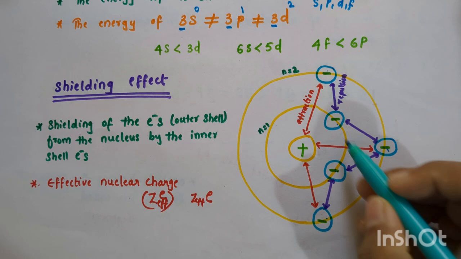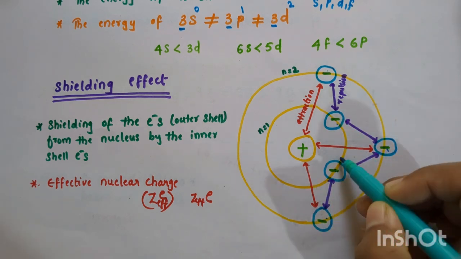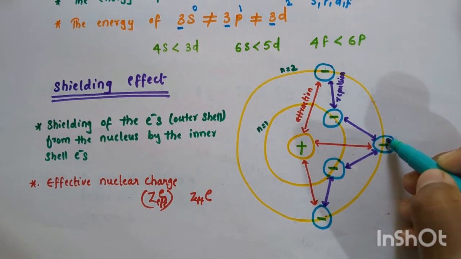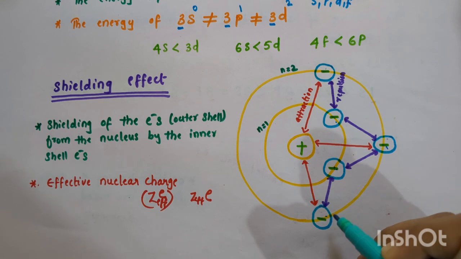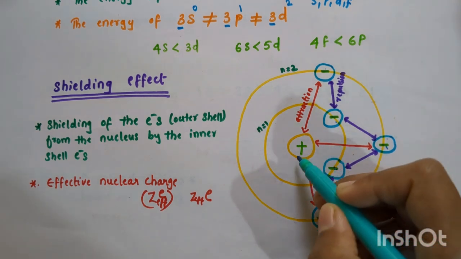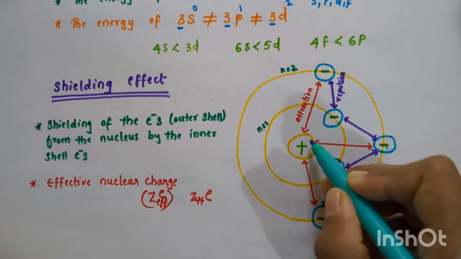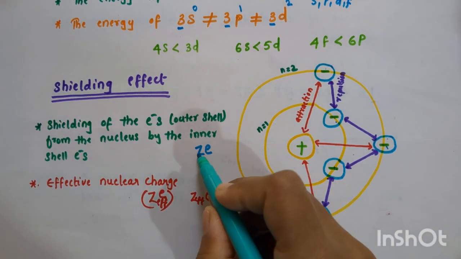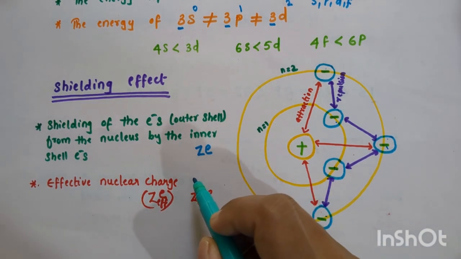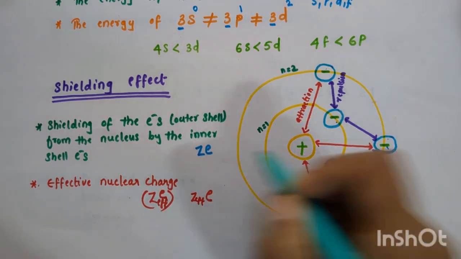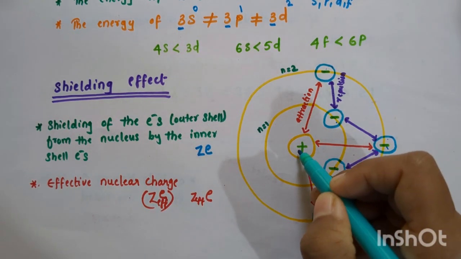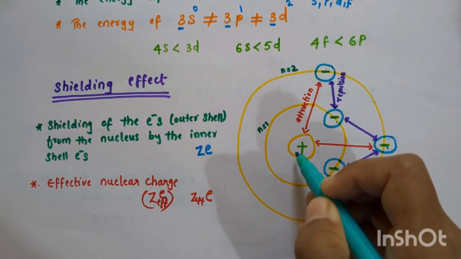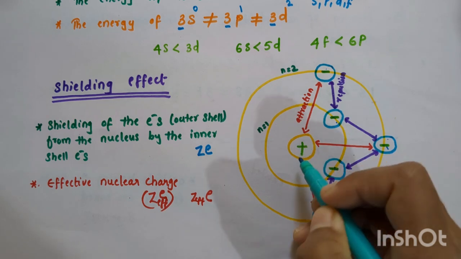Due to the presence of electrons in the inner shell, the electrons in the outer shell will not experience the full positive charge of the nucleus. The full positive charge of the nucleus means Z times e, where Z is the atomic number and e is the charge of an electron. The same number of protons will be there in the nucleus, and the proton and electron have almost the same magnitude of charge.